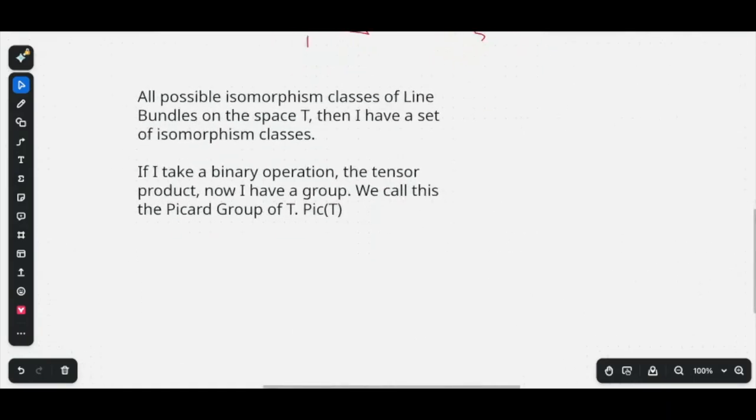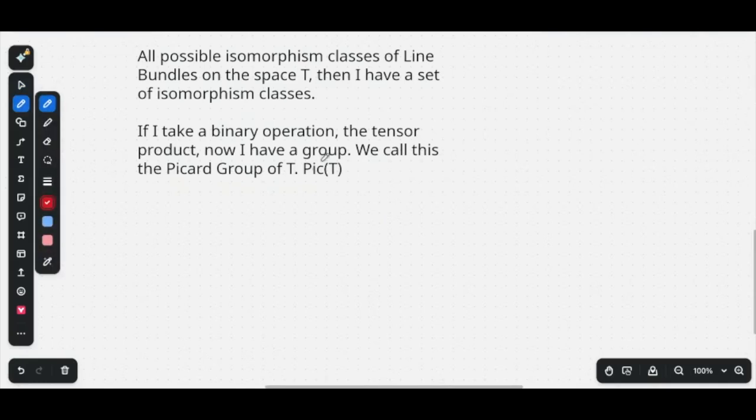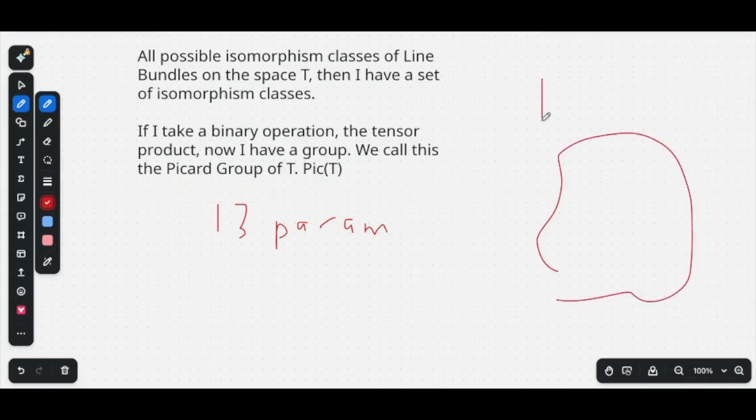And for example, we talked about this in moduli spaces, that all of these isomorphism classes could be parametrized, let's say with 13 parameters, okay? Just make up a number. In fact, if you try to plot this somehow, you would get a blob, a 13-dimensional object if you plotted all of these isomorphism classes.